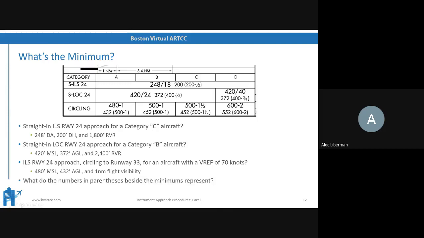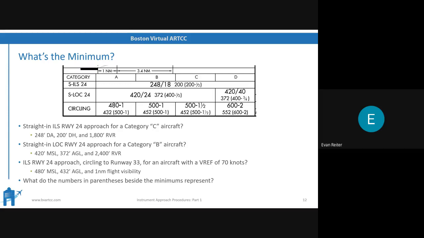And the next bullet point addresses, what do the numbers in parentheses beside the minimums represent? Does anybody know? Does anybody have the answer to this? Dan says military. Yeah, Dan is right. It's for military aircraft. So for us in the civilian world, whether you're operating an airliner or a Cessna 172, we don't care about those.